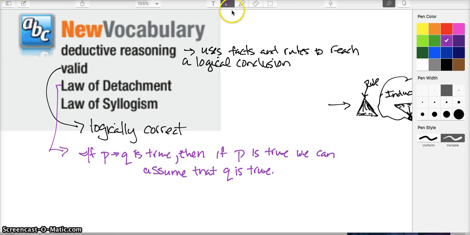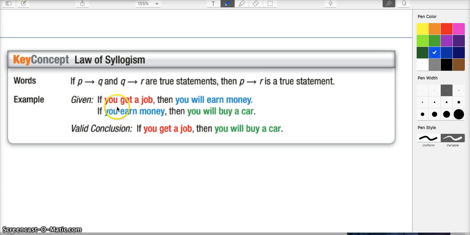All right? The next one is the law of syllogism. Sounds pretty fancy. We'll talk about that by looking at the key concept. The law of syllogism is almost like a chain of events. If P implies Q and Q implies R are both true statements, then P implies R is also a true statement.